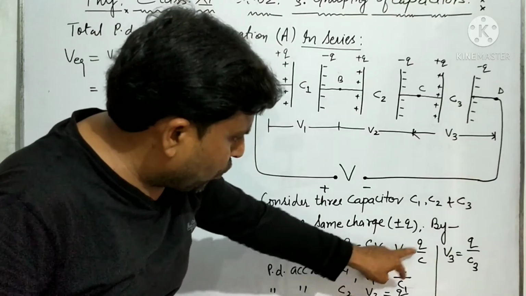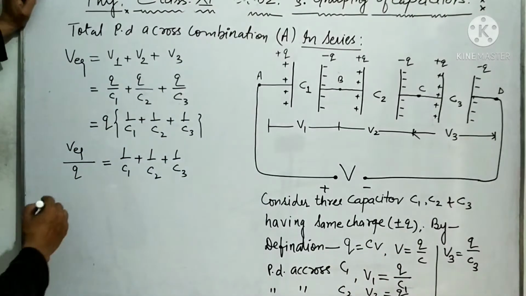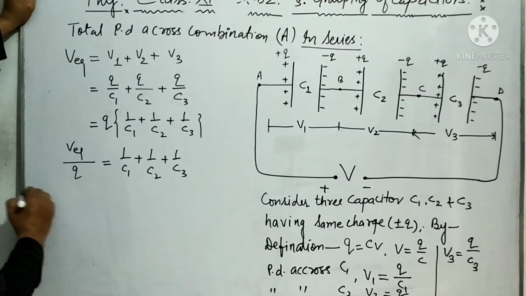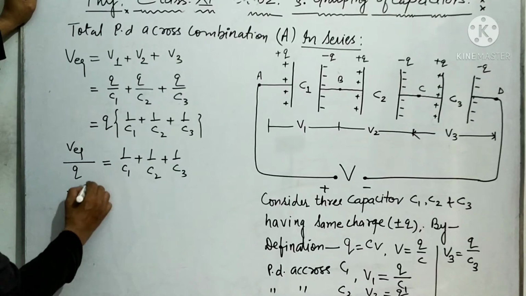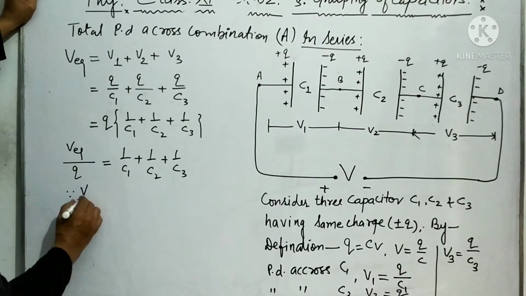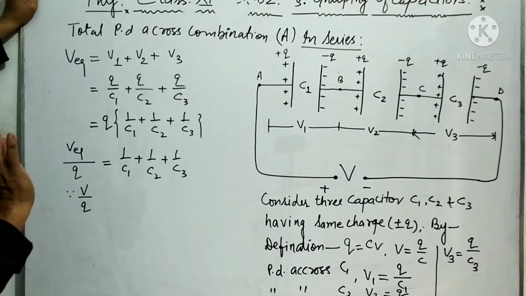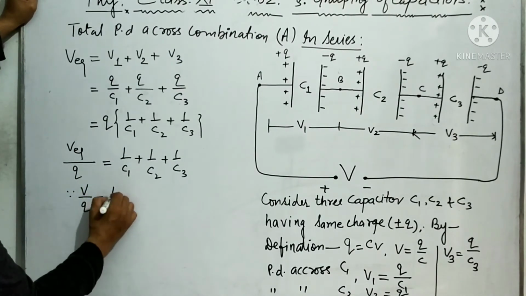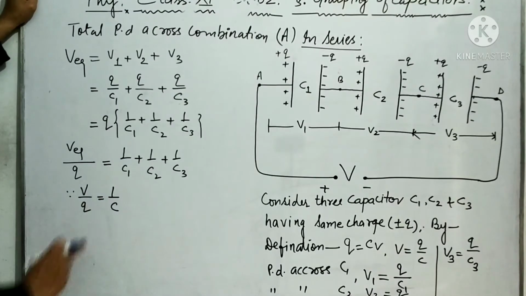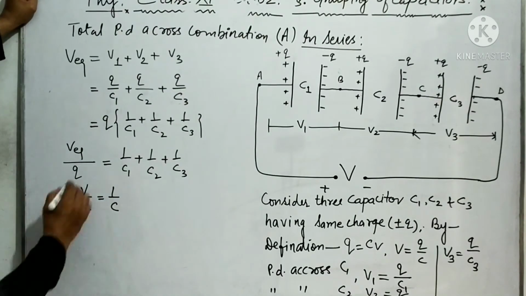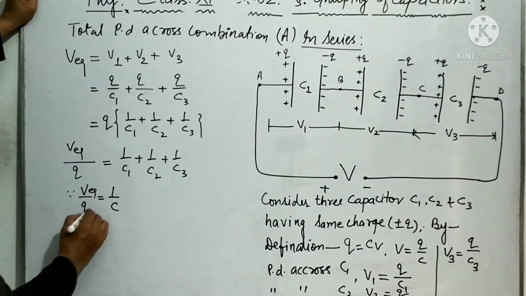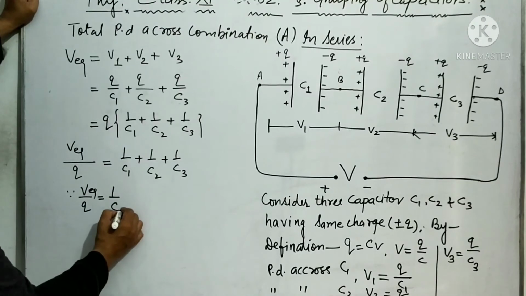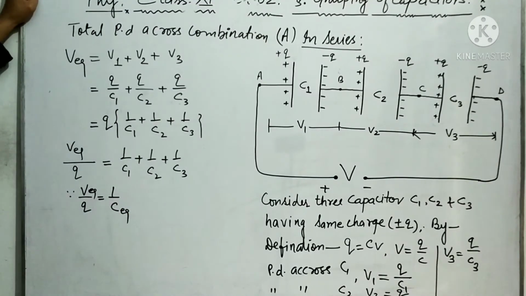V over Q, the total potential over the total charge, is equal to 1 upon C total capacitance, that is, V equivalent. Q equivalent is C equivalent.